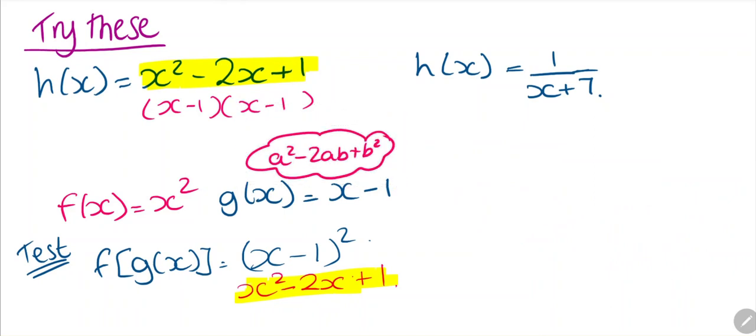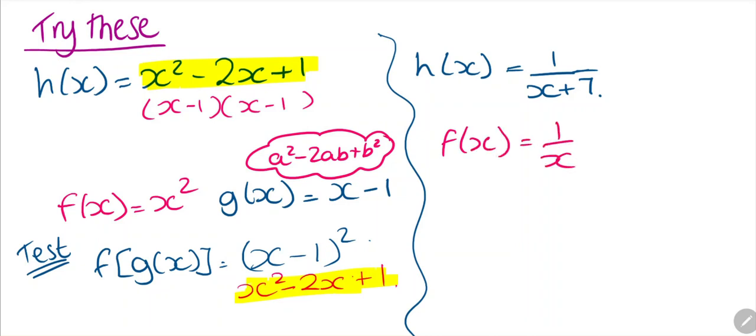Let's have a look at the second one. So possible solutions, well, we have a 1 over x, so that's a clue. So we can make f of x equal to 1 divided by x, and then we're going to substitute, and we need x plus 7. So g of x, we can make it as x plus 7.